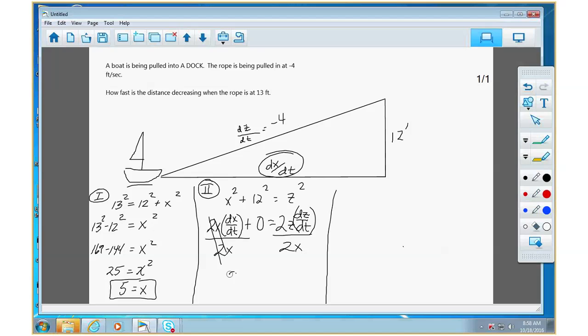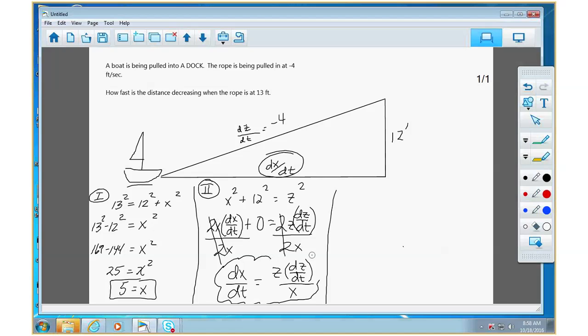So dx/dt is equal to z times dz/dt over x. Now, when you get finished with this, what's a good test?